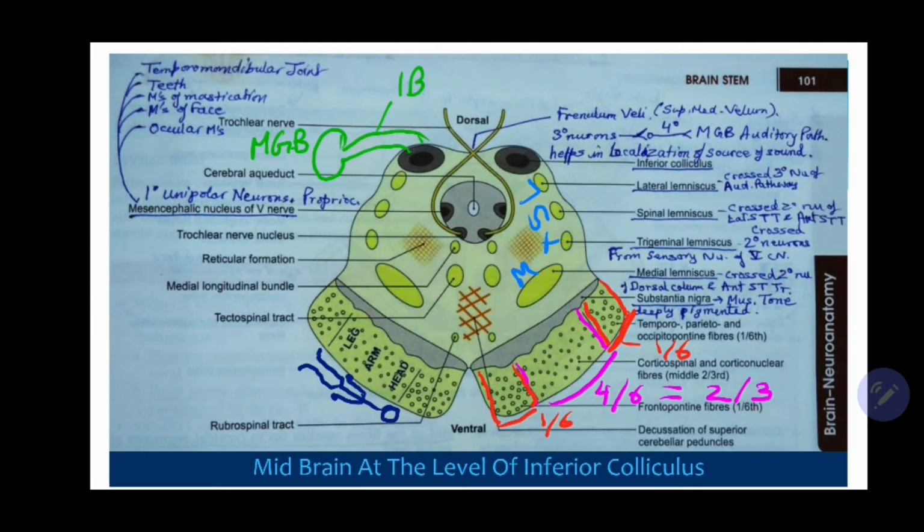And the reticular system is the one which makes you alert, awake, and attentive, maintains your circadian rhythm, your biological clock, and also maintains your sleep patterns.